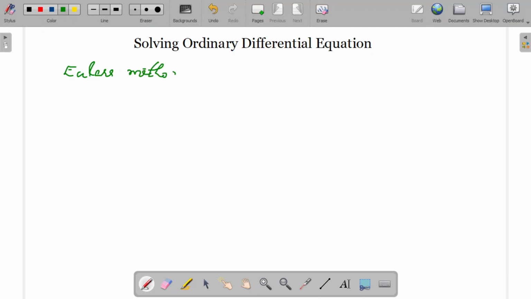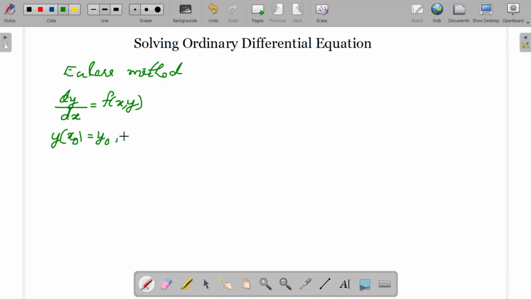So in Euler's method, suppose you have a differential equation of the form dy by dx is equal to f of x, y, and it is given that the value of y at x0, let x0 be the initial point, is y0.